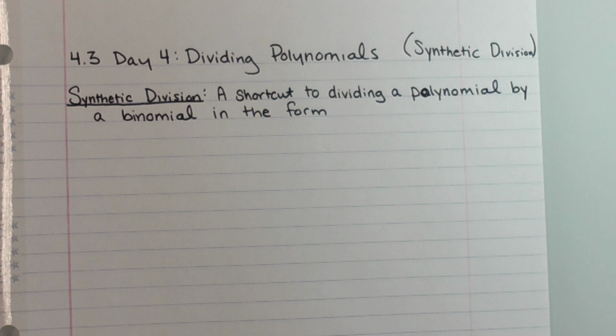Yes, there is multiplying, adding, subtracting of numbers and variables, but it gets more specific than that because that's just polynomials in general. What does bi mean as a prefix? 2. A binomial is a polynomial with 2 terms.